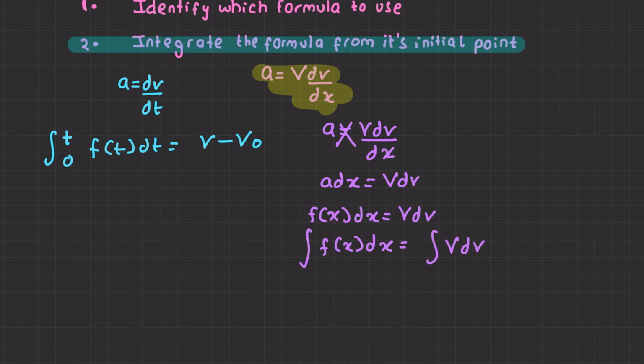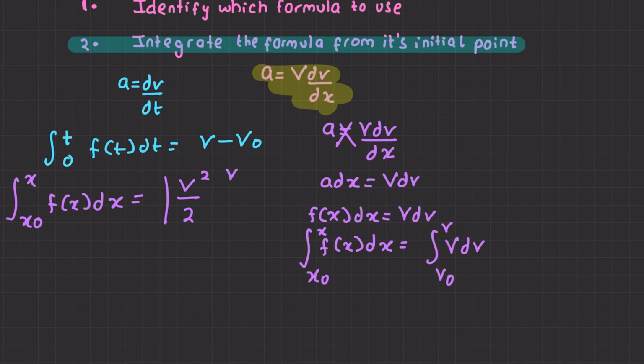And remember, we're integrating from the initial point. So we have this. Integrating this gives us, we're going to write this side again, just like we did for the first one. And this is going to give us v squared over 2 from v0 to v.